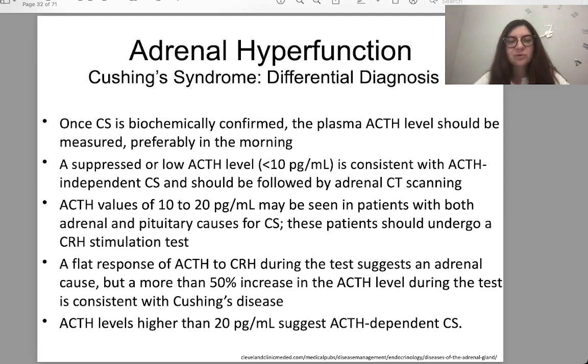A flat response of ACTH to CRH during the test suggests an adrenal cause, while a more than 15% increase in the ACTH level during the test is consistent with Cushing's disease. ACTH level higher than 20 picograms per milliliter suggests ACTH-dependent Cushing syndrome.